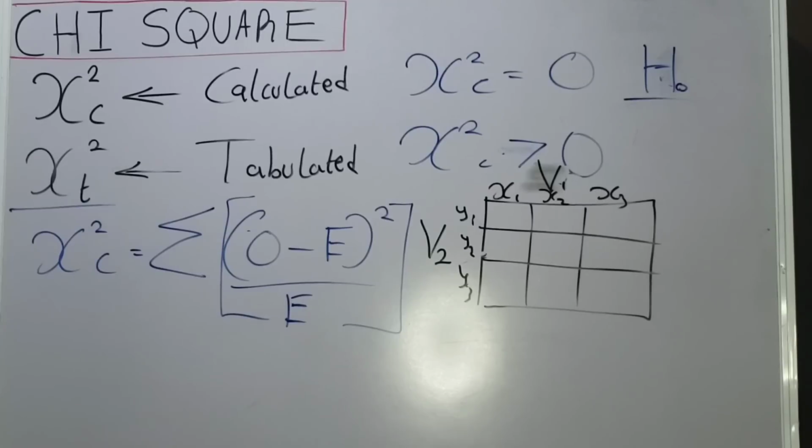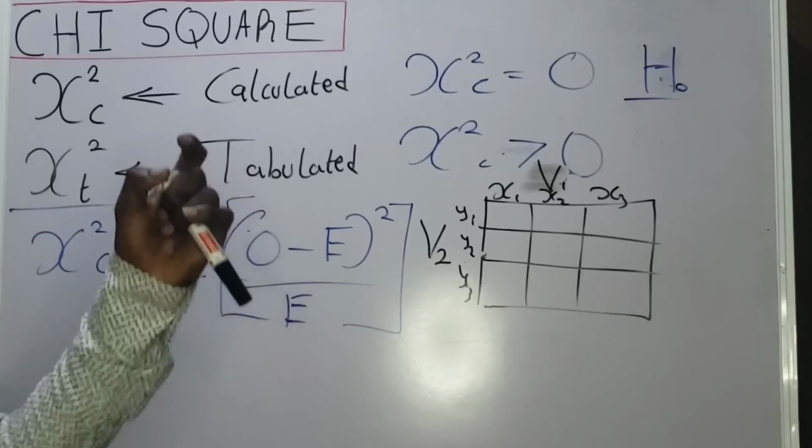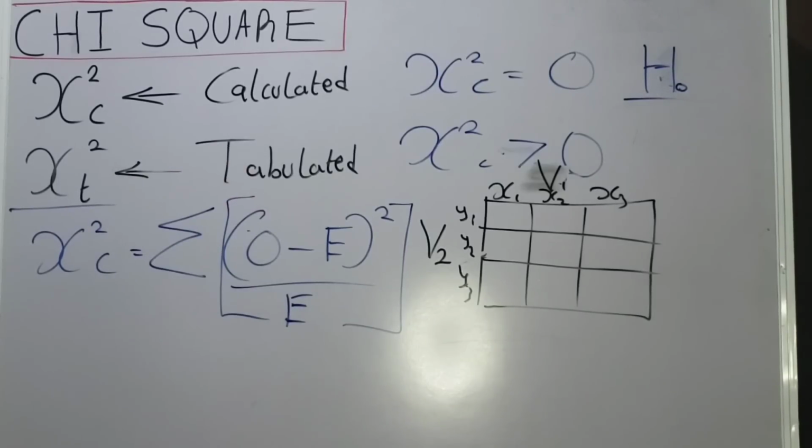Another question arises in your heart. You are trying to ask me, how do we know whether we have the null hypothesis or the second hypothesis, which I'm going to discuss as well in this video? Yeah, don't worry, we are still coming there. I'm just trying to explain what is meant by null hypothesis right now, okay?